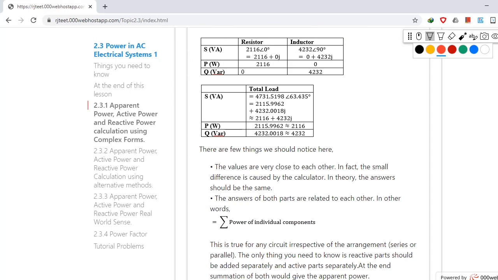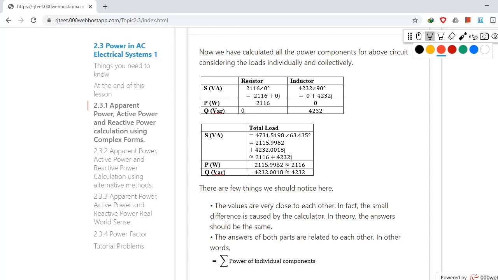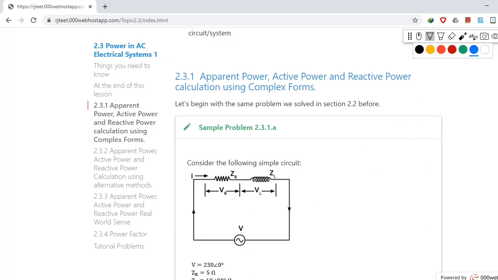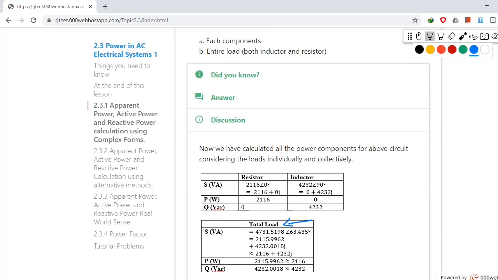And of course, the other thing is, if you are to calculate the integration of several components, in this case two components, the inductor and the resistor, and you want the total power consumed, you don't really have to calculate the voltage and current like we did in this step.